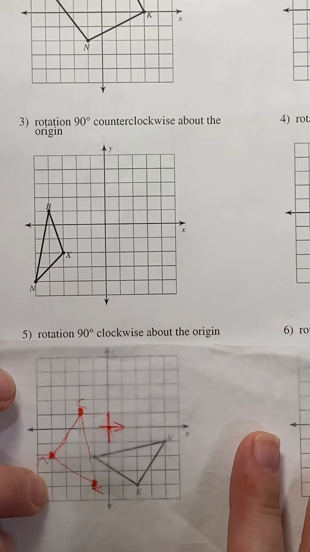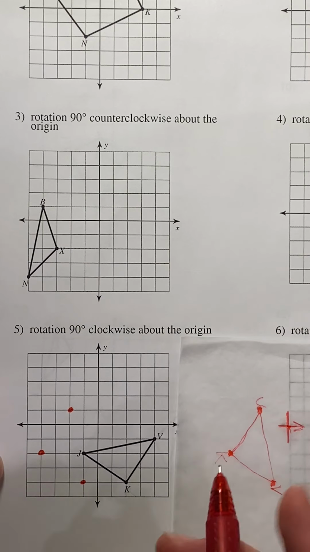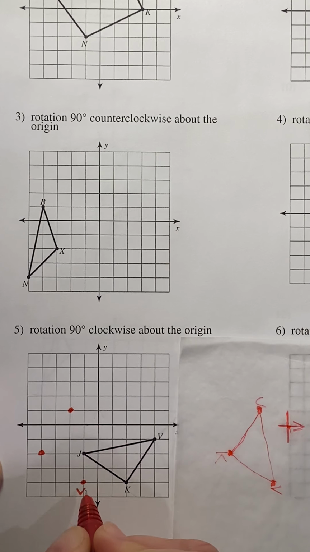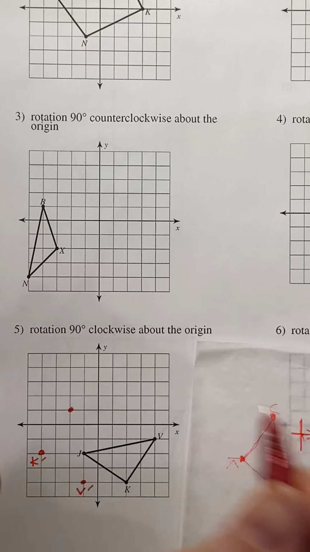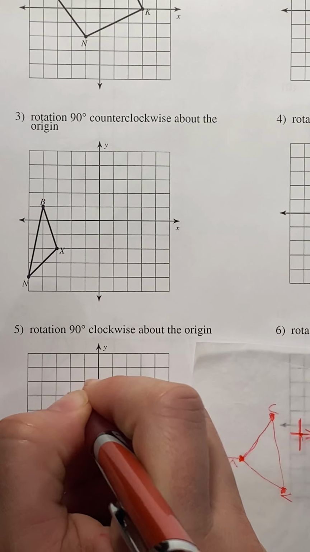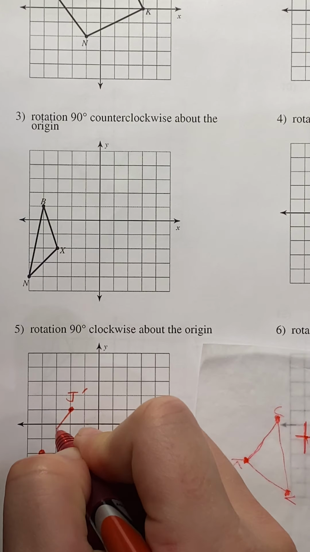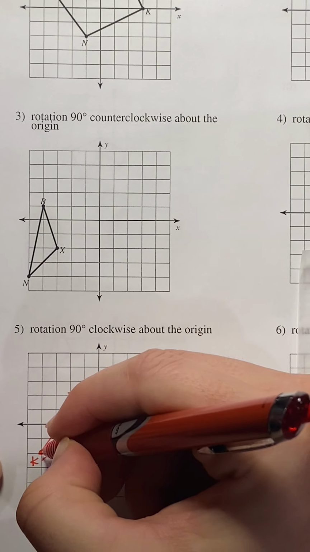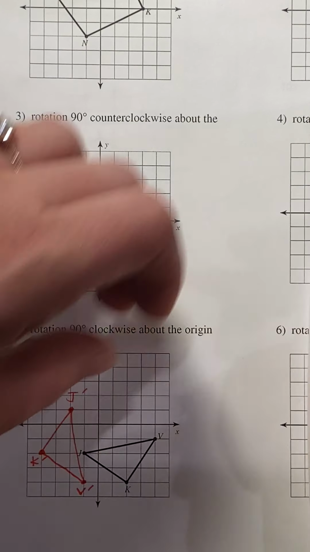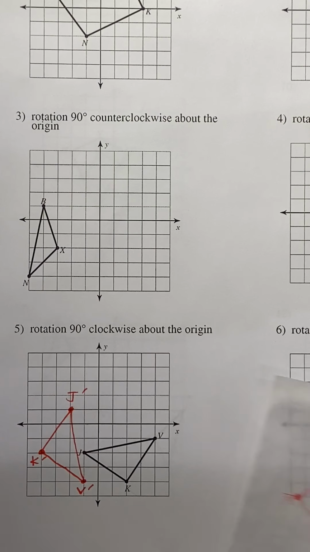I'm going to pull my paper off and label it: this is V prime, this is K prime, this is J prime. And I just connect the points. It's not perfect because I'm not using a ruler, but that is a rotation of 90 degrees clockwise about the origin.